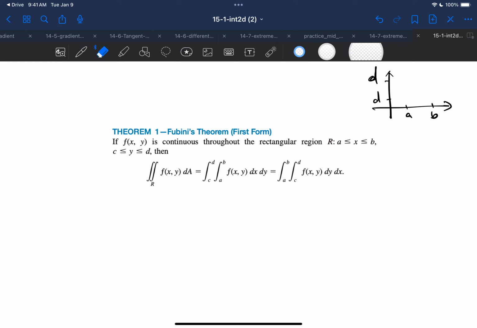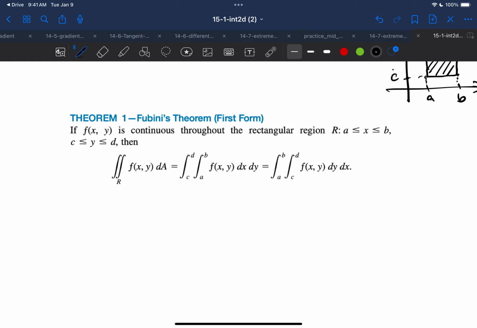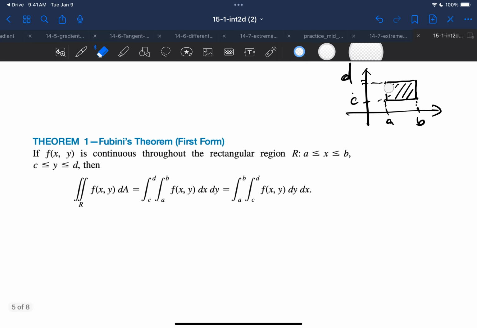Then the rectangular domain is like this. We can think of this as the bottom of your tent, and we have the top surface of your tent, and we're looking for its volume. Then what we do is fill up your tent with some blocks.